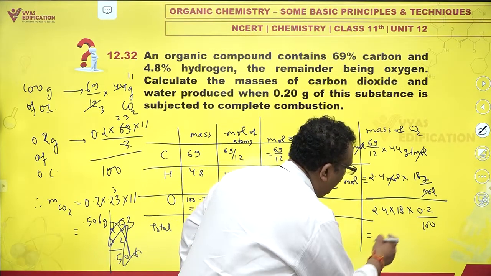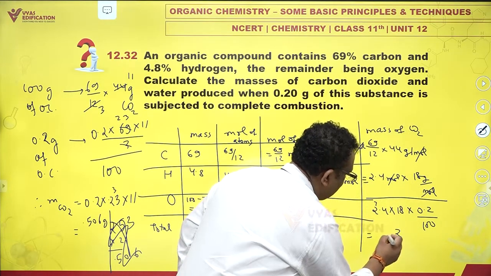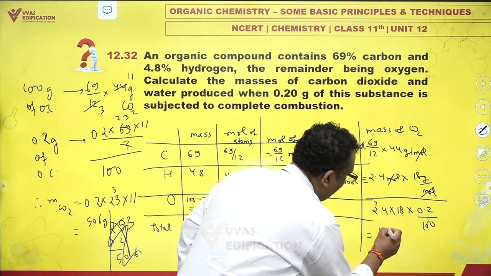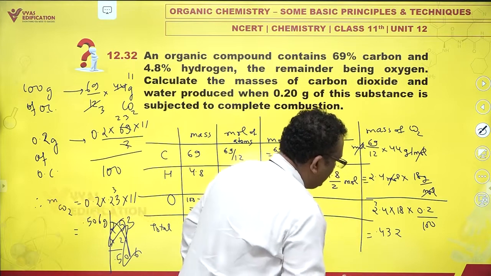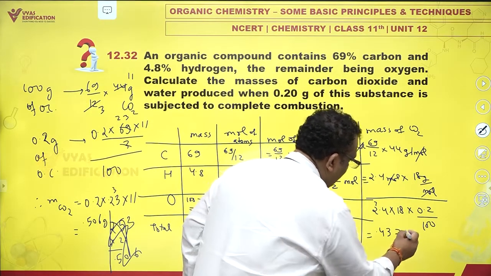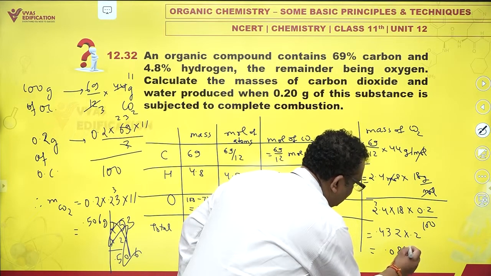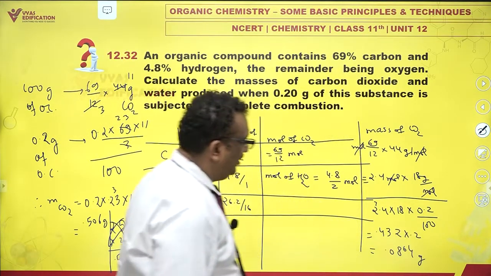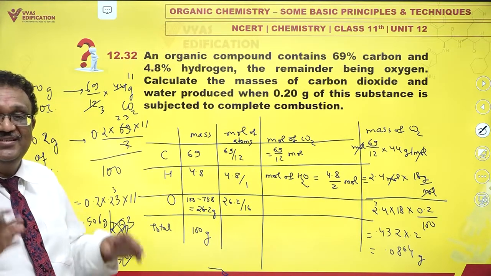That would come out to be, well, 18 fours are 72, 18 twos are 36, and 43. So this is 0.432 into 0.2, which is 0.0864 grams. You will get 0.0864 grams of water. This is the answer.